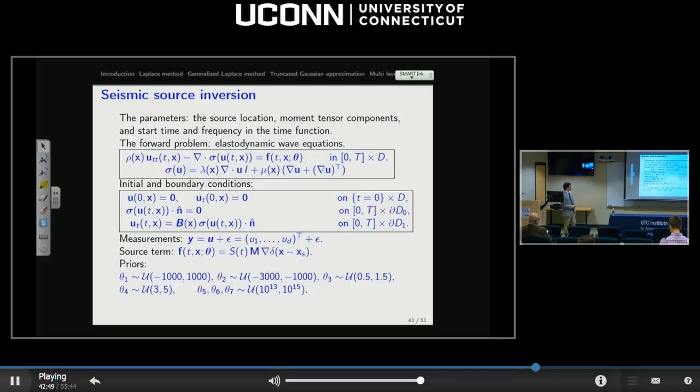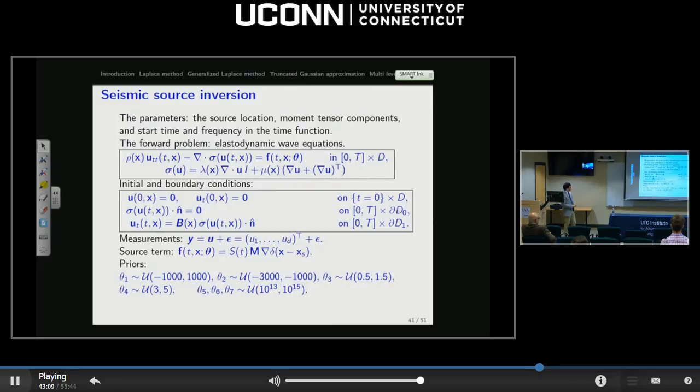And the source term has 2 parts. One is the S function, which has the frequency and the starting time. M is the momentum of the earthquake, and delta is the delta function. XS is the location of the source.